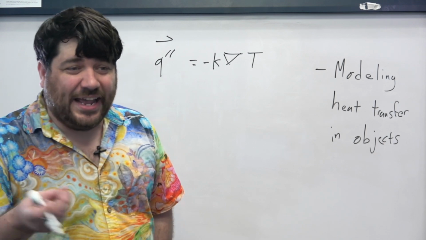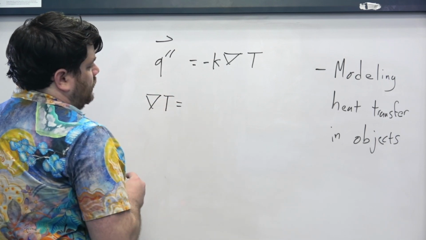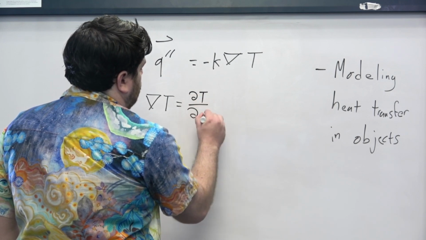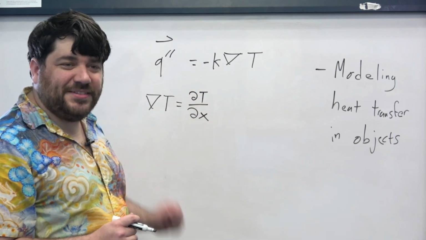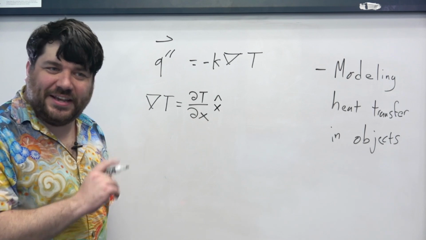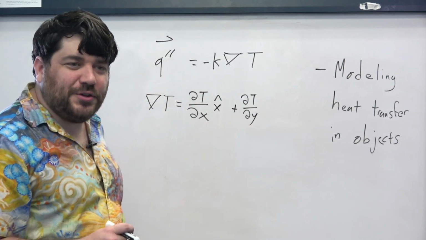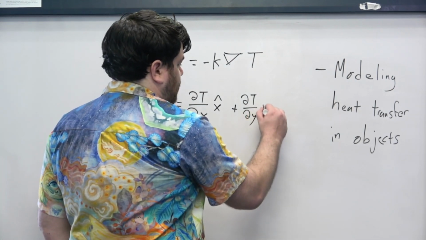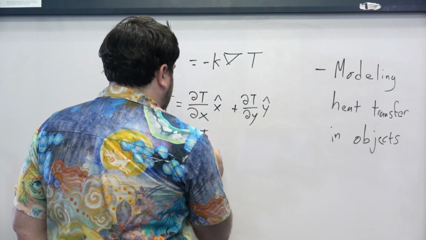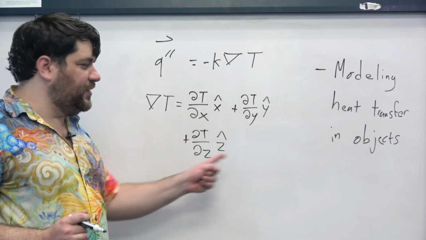So in a standard XYZ Cartesian coordinate system, the gradient of the temperature is just going to be the rate of change of the temperature with respect to x in the x direction, so multiplied by a unit vector in the x direction, plus the rate of change of the temperature in the y direction, multiplied by the y unit vector, and you get the idea. And so depending on the coordinate system that we use, this expression will look different, right?